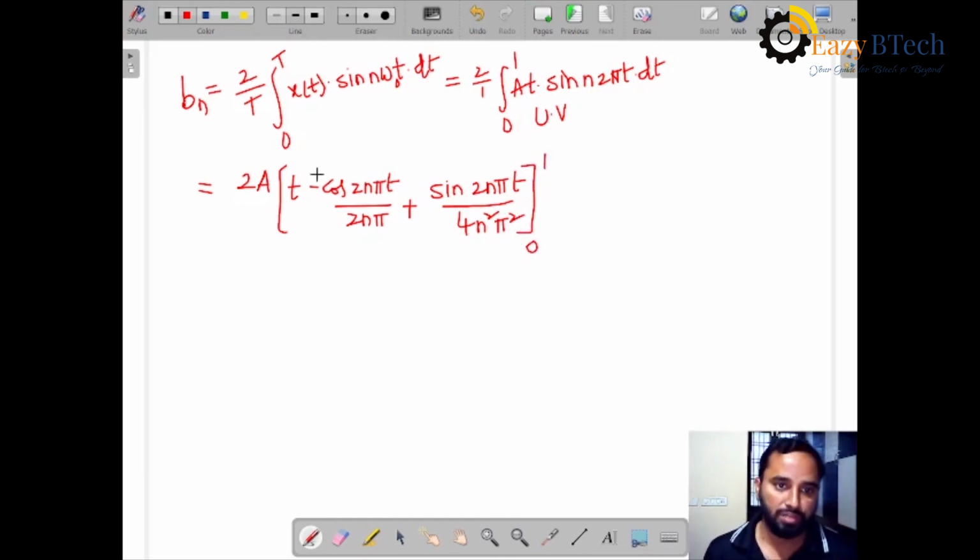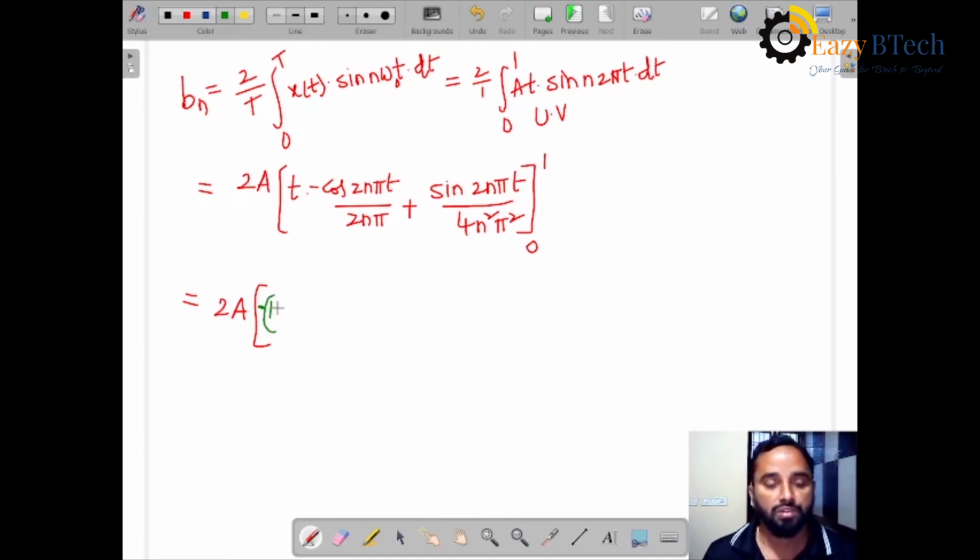Substitute upper and lower limits. When you take the upper limit, so 2a, the upper limit is 1. So 1 into cos 2n pi. Here we have a minus sign, you can write minus outside.